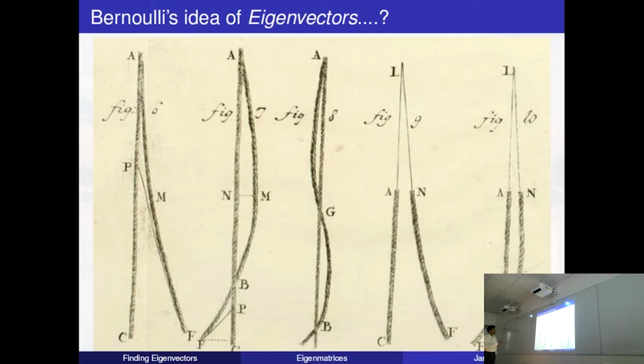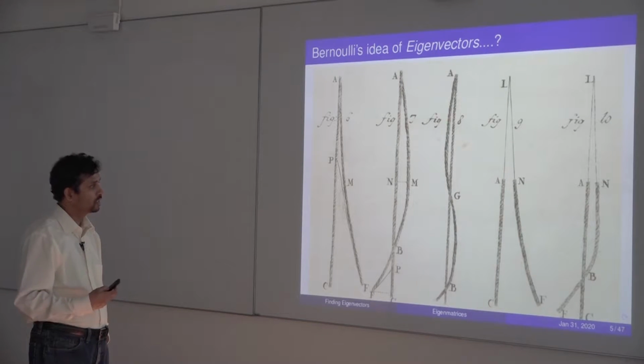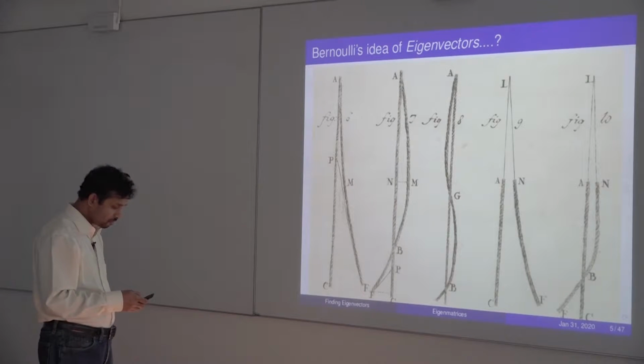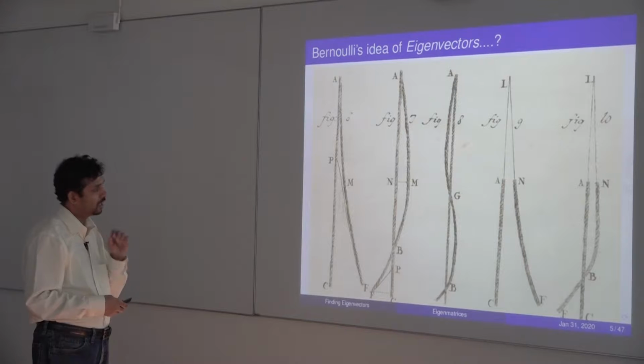These are ropes, and they used ropes to develop what they call configurations. These days we know that these configurations are the eigenvectors, for certain eigenvalues. So he had some idea behind the eigenvectors in those days, but not the way we know it right now. But the actual birthplace is his work.